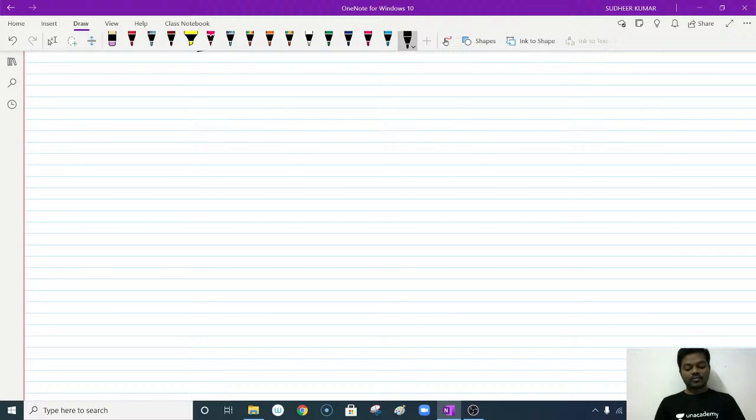Okay, so let us take a directed line segment. Suppose this is a directed line segment. Usually I'm using the right hand, so I feel convenient to draw this side, but it's not mandatory to use the same side. A and B, right?